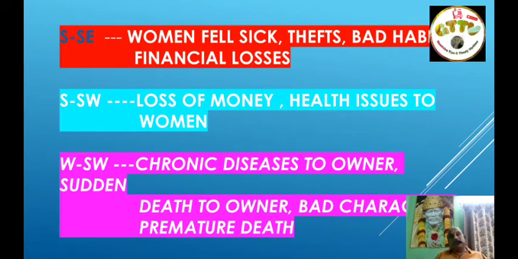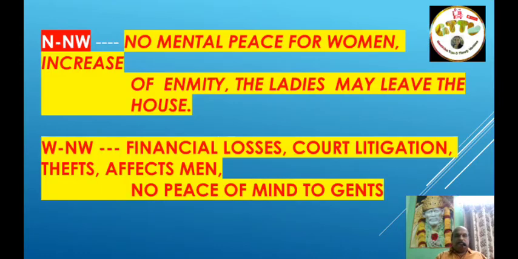If you have it on the western side, it will affect the males and cause chronic diseases to the owner of that house, and there is also a possibility of sudden death to the owner, maybe due to accidents or a heart attack or something. Just like that, the person expires, with bad characters and premature death to the children. So that's the reason why this is not at all advisable.